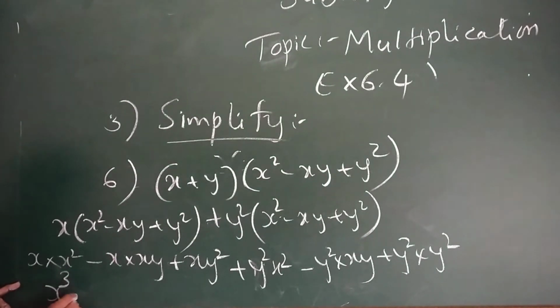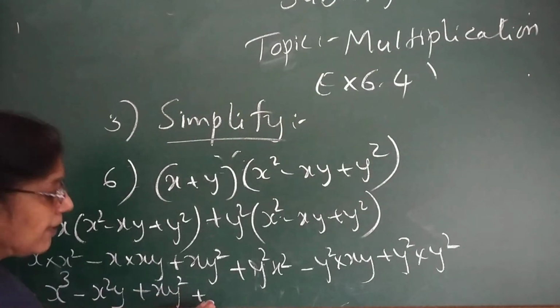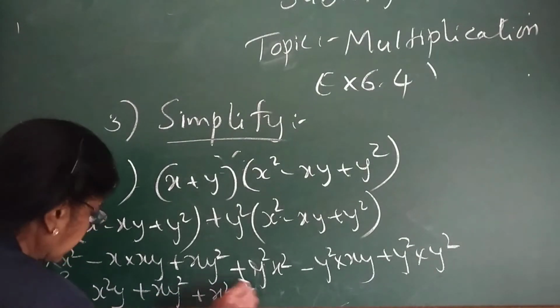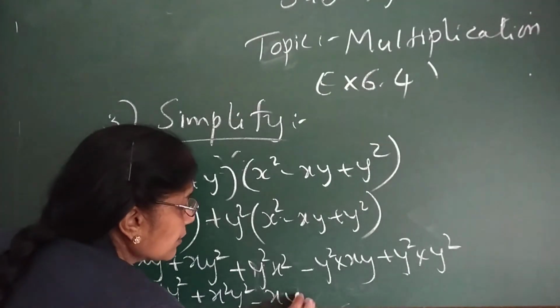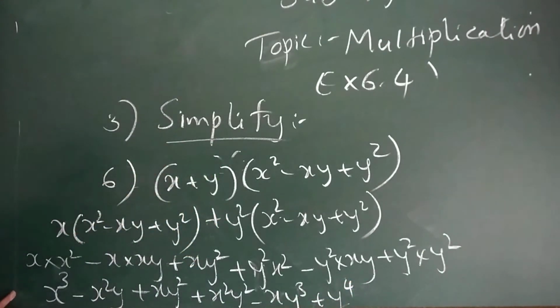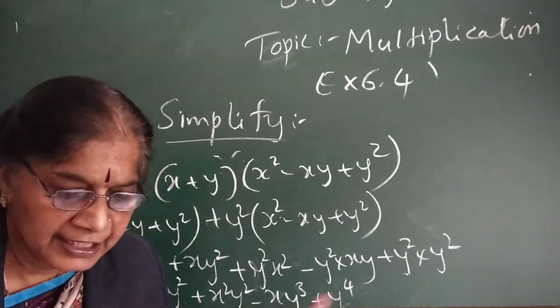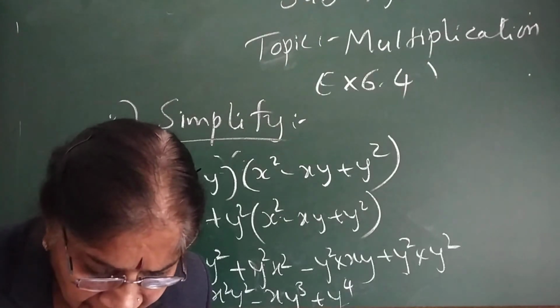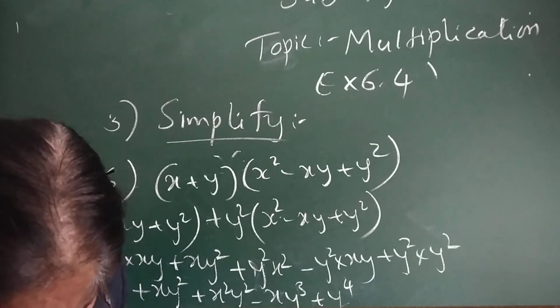X to the power of 3 minus x square y plus xy square plus x square y minus xy square plus y cube. There are no like terms. So the answer will be this. So you came to know how to multiply binomial by trinomial.